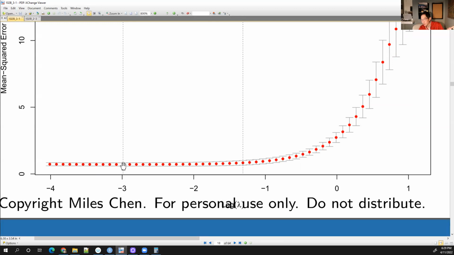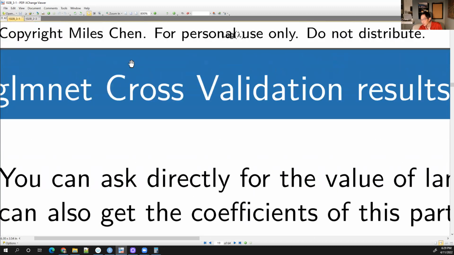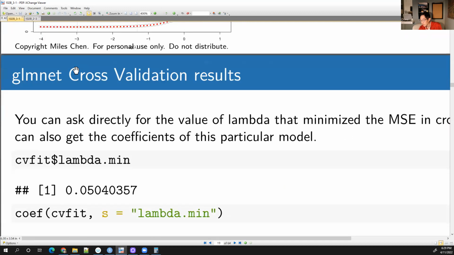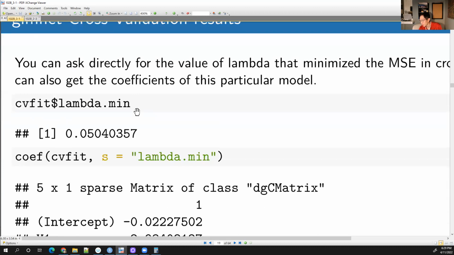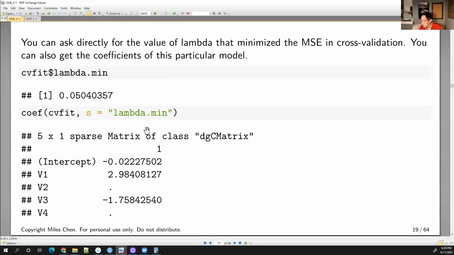The one that minimized it is right around 0.05, which corresponds to a log of negative 3. And if you want something bigger than that which is still within the error term, you can go up to whatever value that is.